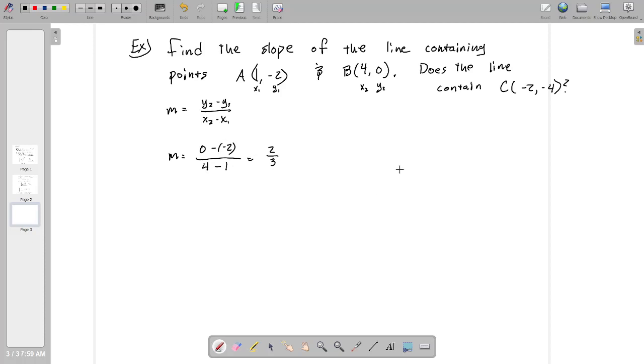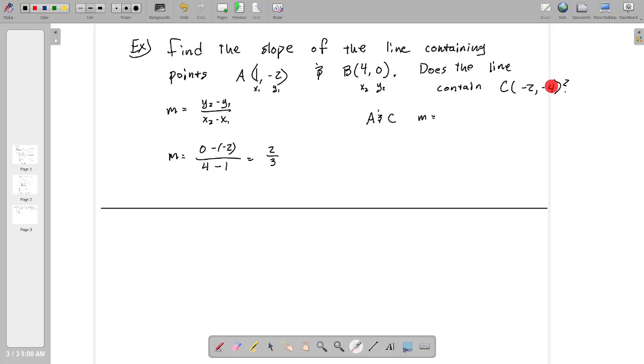Now if we want to check whether C is actually on the line as well, we can look at the slope between C and A or C and B and see if we get the same slope. If we do, because these 2 points are on the line, C will also be on the line. Let's look at A and C first, and then we'll look at B and C. So A and C. Here, this will be our y2 and this will be our x2.